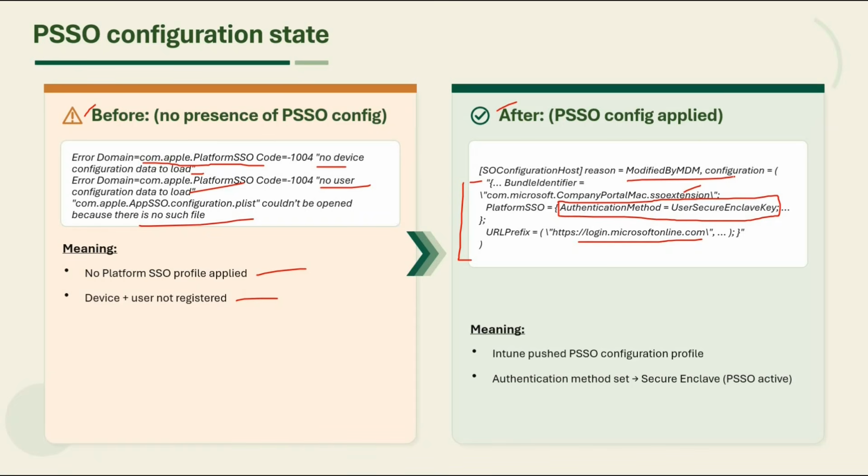So this section of the log suggests that this log has been taken from a device which was PSSO registered, enrolled to Intune, and the flavor was Secure Enclave, versus this log, which is taken from a device wherein PSSO registration was not done.